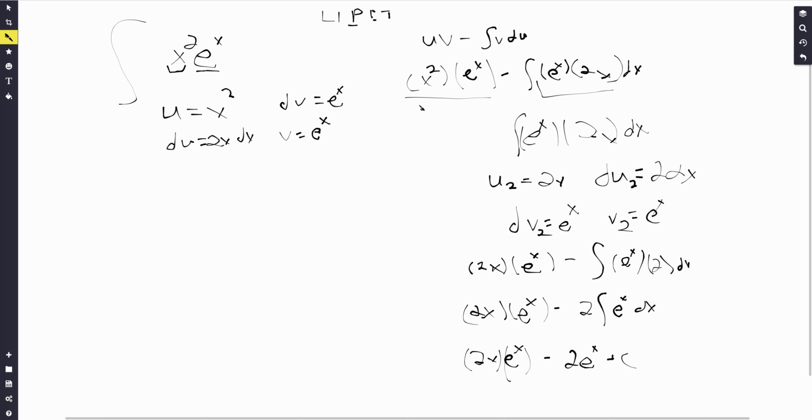But we're not done, because we still have this part, which we have to move right here and put in the front. So this becomes x squared e to the x. There's still that minus sign as well.